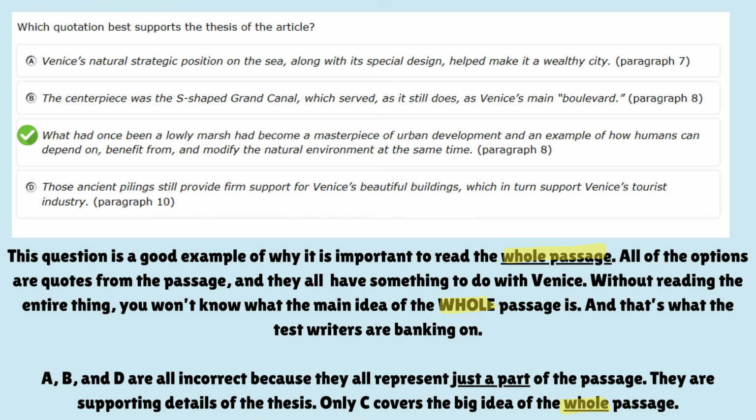Answer choice A, B, and D are all incorrect because they all represent just a part of the passage. They are supporting details of the thesis, but only C covers the big idea of the whole passage. So sometimes you'll have questions that will ask you about the whole passage, and the wrong answer choices will focus on just a part of the passage.